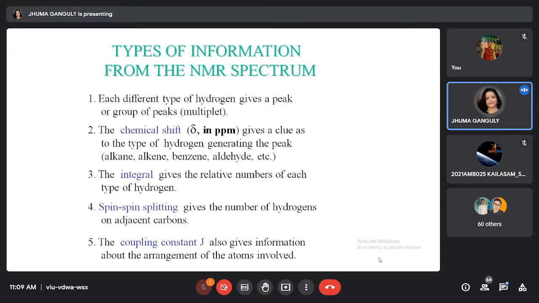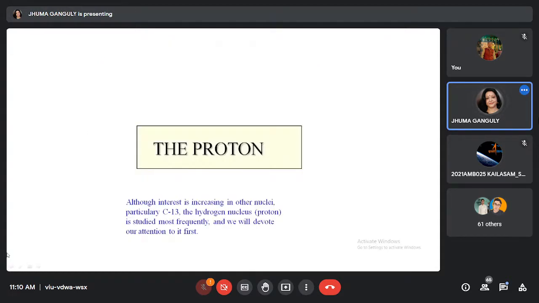Coupling between these protons gives different values, which we can calculate from the NMR spectrum, and we can conclude whether it is trans or cis orientation. This very significant part we can describe from this and identify the compound.